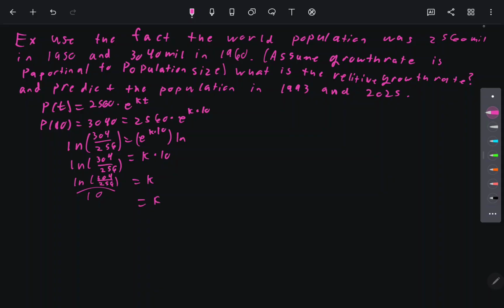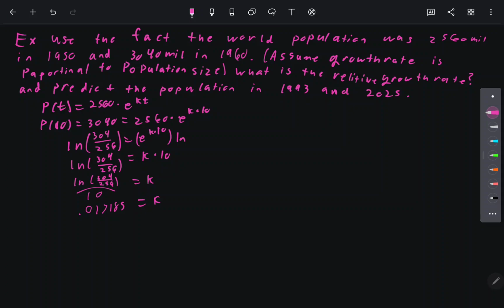Plug into our calculator, and we get an answer of 0.017185, and a few more decimals, depending on how many decimals your calculator does, but I'm guessing that's probably infinitely repeating, but I digress.